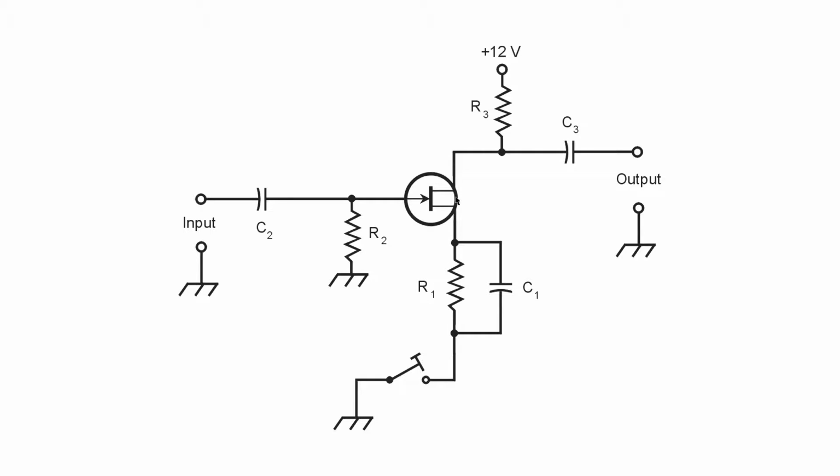When the key is up, no current can flow, no electrons can flow from common ground through the channel to the output, and so you get, in effect, no output, because you do have a reverse biased PN junction right here.